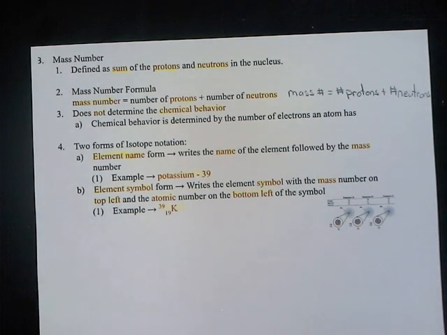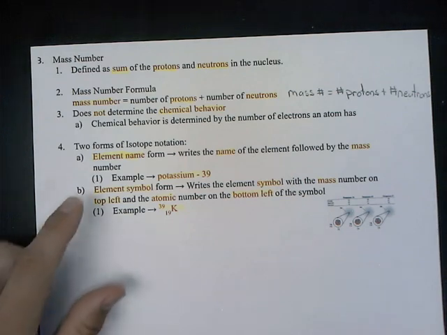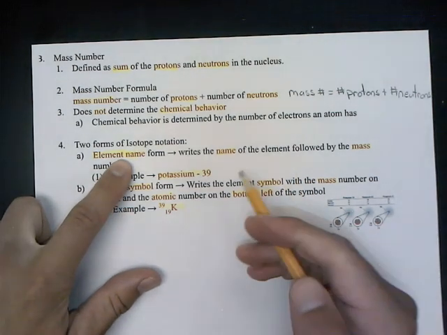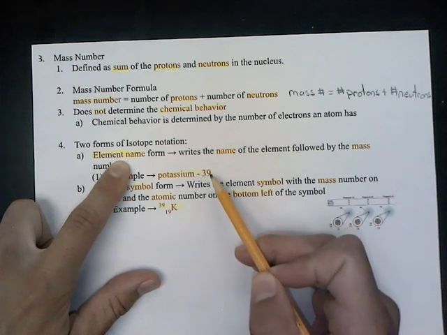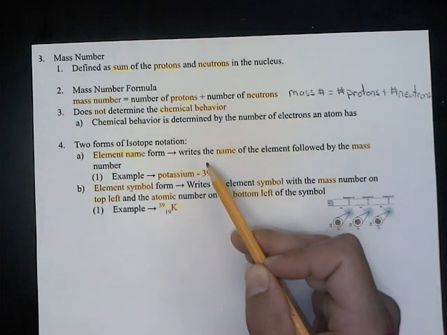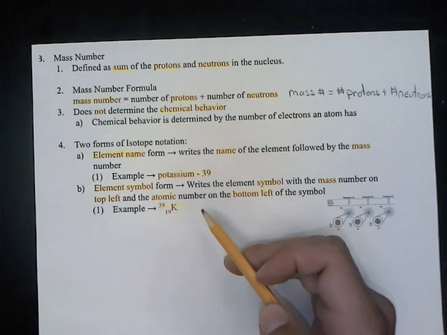What we also have to remember is how we can express the isotope of different elements. We have two different ways that we can list out the isotopes for each element. One is the element name notation, where we write out the entire element name, and then we put the atomic mass to the right of that element name.